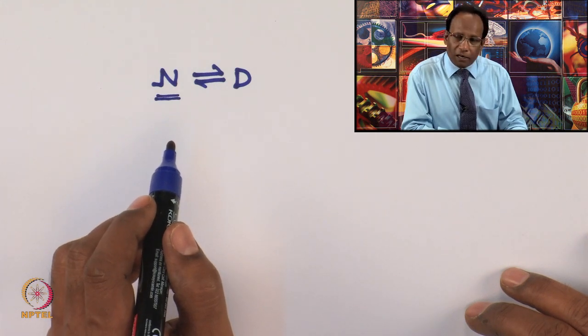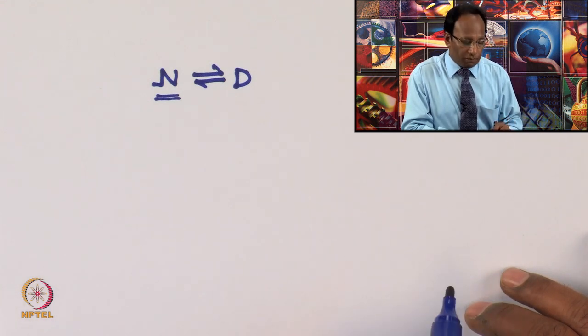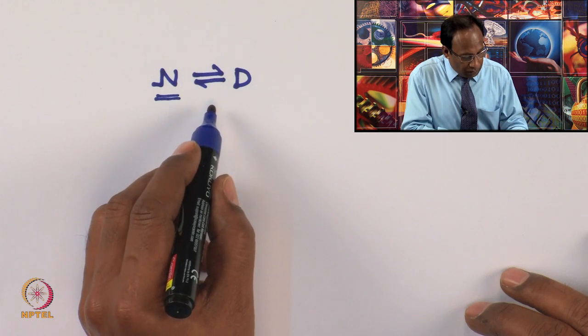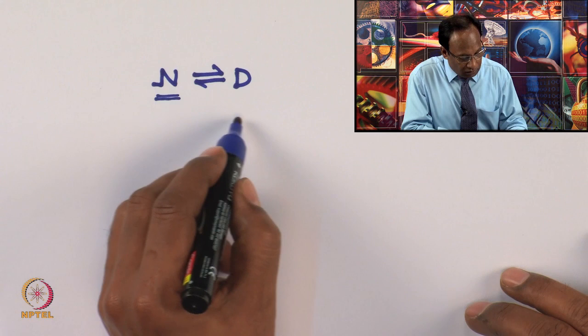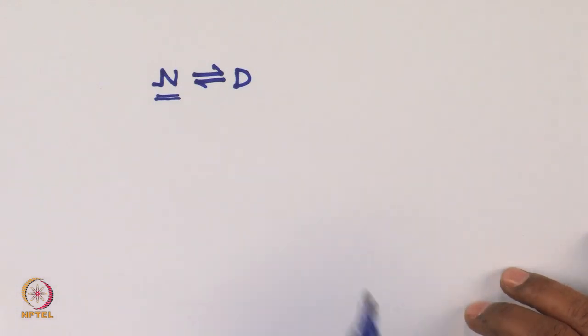And when you start adding any kind of additive, that additive can interact with N and also can interact with D. It is the preferential interaction which will decide in which direction this equilibrium will move.